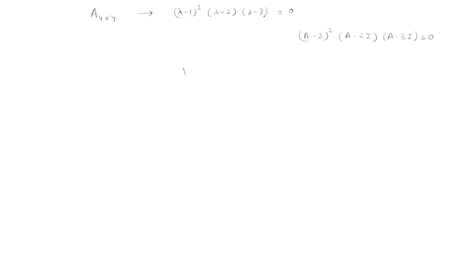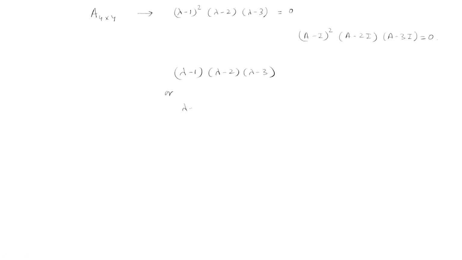All the irreducible factors it will have. So, either it is this polynomial, which may be the lowest degree polynomial satisfied by A, or it will be the characteristic polynomial itself.